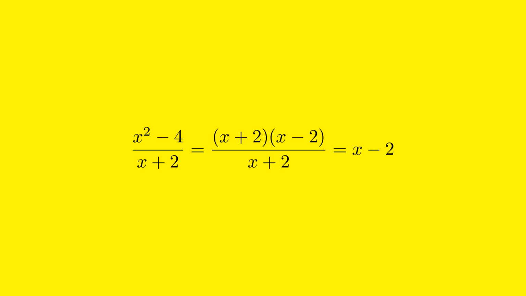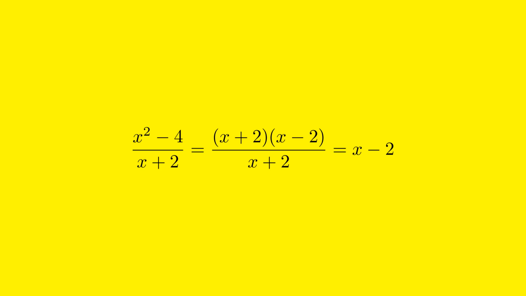Substitute 1 into the original expression x squared minus 4 divided by x plus 2. Calculating the original expression with x equals 1: 1 squared minus 4 divided by 1 plus 2 equals 1 minus 4 divided by 3 equals minus 3 divided by 3 equals minus 1.